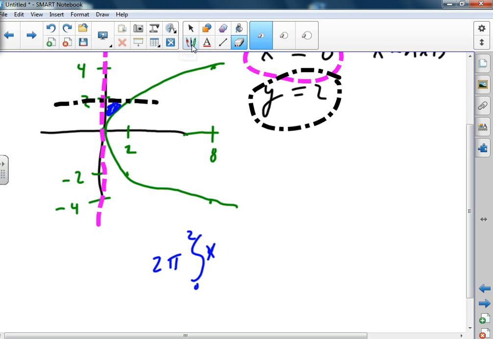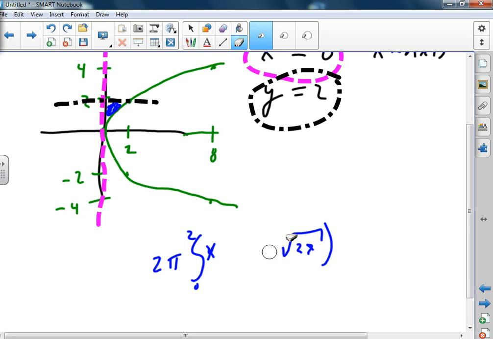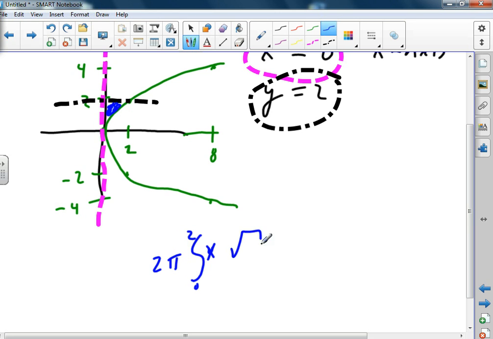Okay, so the height is going to be 2 minus the square root of 2x. No, because when I get to 0, I'm at 0. All right, so the height is just going to be square root of 2x.